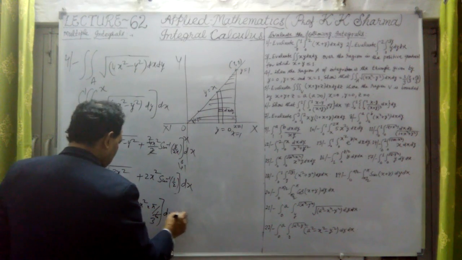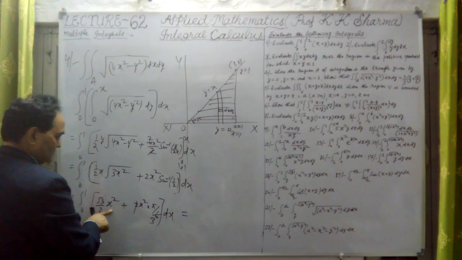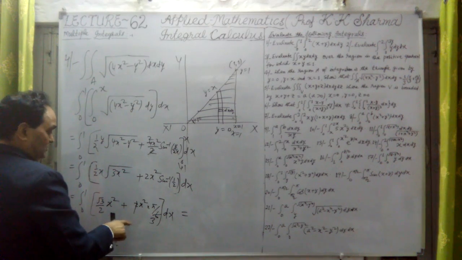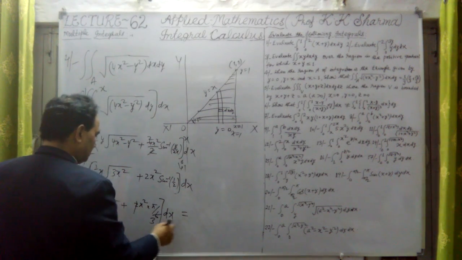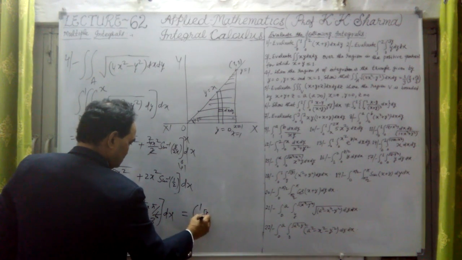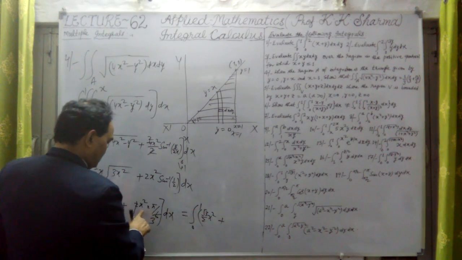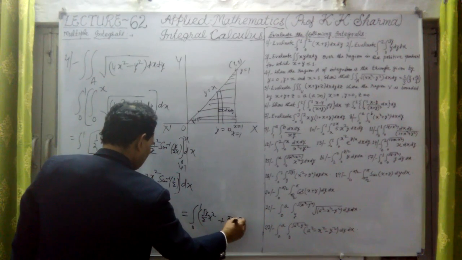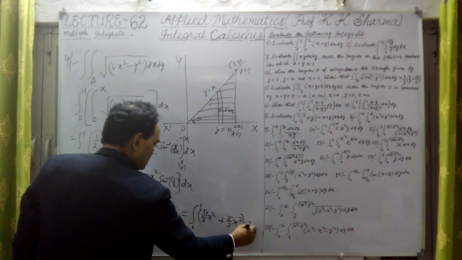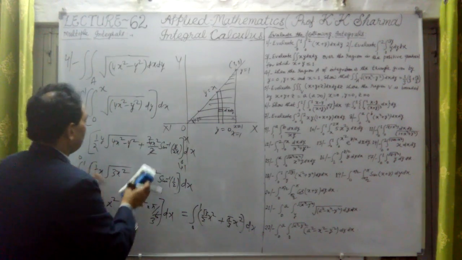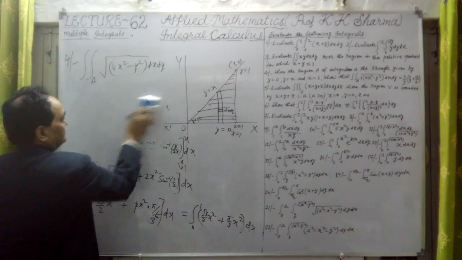Now let us integrate and then apply the limits. Integration of this will be x² with respect to x. Let me first simplify this, 0 to 1. First is root 3 upon 2 x², plus this is pi by 3 into x². Now integrate this with respect to x.